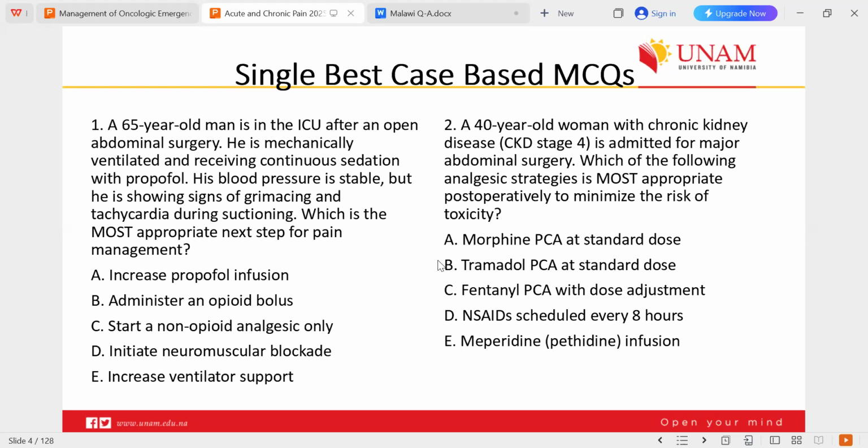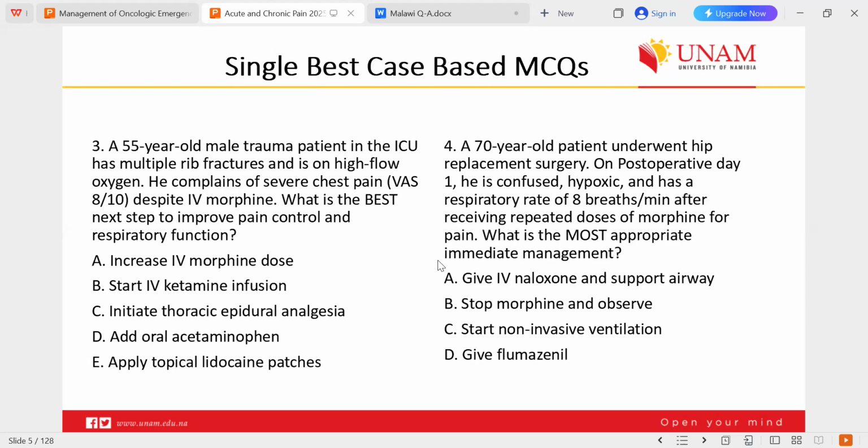So A, morphine patient-controlled analgesia standard dose, tramadol PCA standard dose, fentanyl with PCA, fentanyl PCA with dose adjustment, NSAID every 8 hours, Betadine infusion. Which of the following is the most appropriate? C. All right. I think I gave that question away. I should have removed those adjustments. Okay. Smart guys.